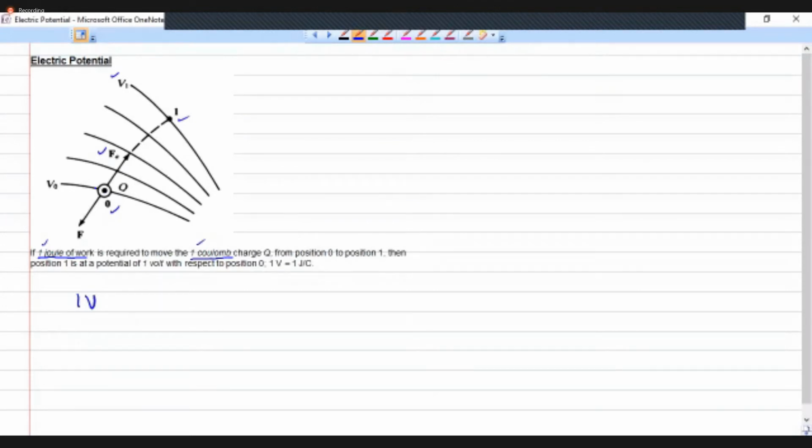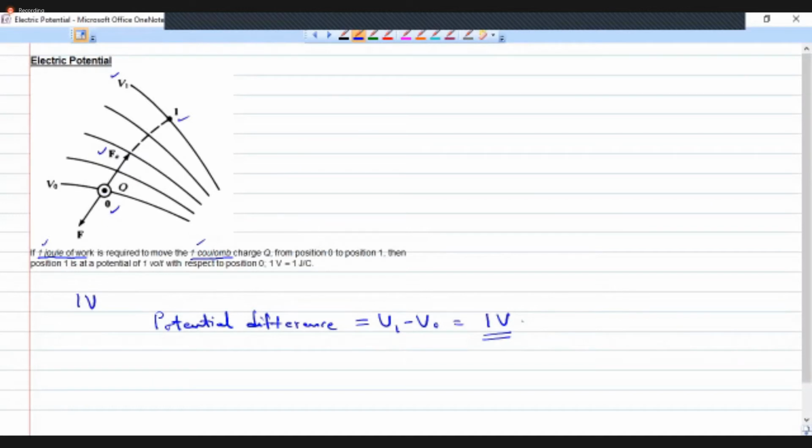Then the potential difference, V1 minus V naught, will be equal to 1 volt. That is the definition of 1 volt potential.